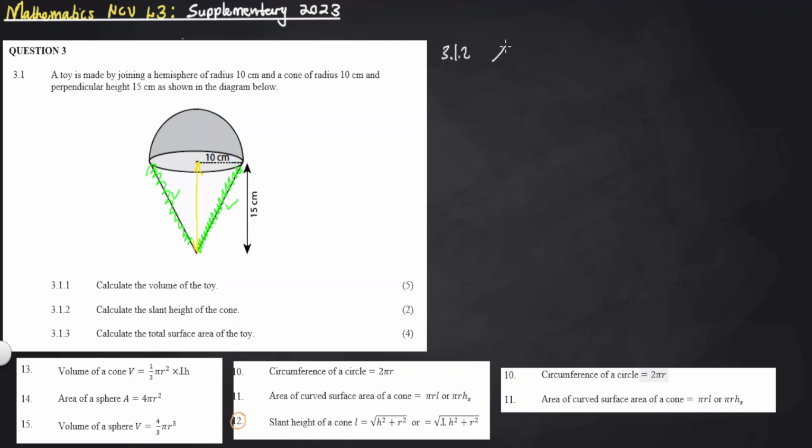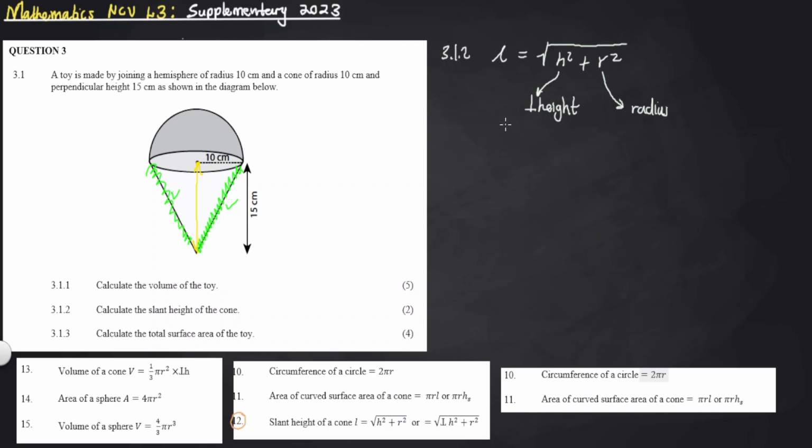So the slant height, which is represented by L, is equal to the square root of h squared plus r squared. h is the height, but which height? It's actually the perpendicular height. And r is the radius.